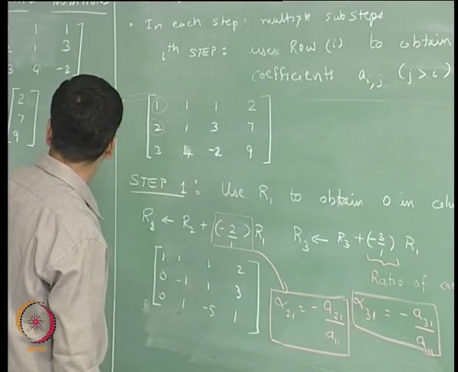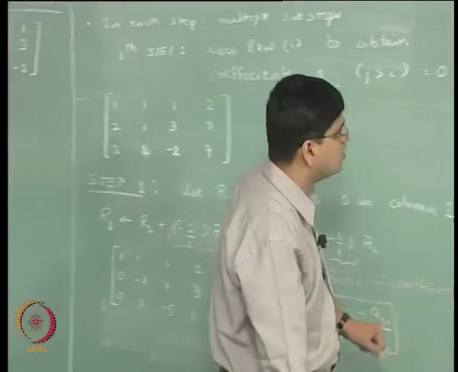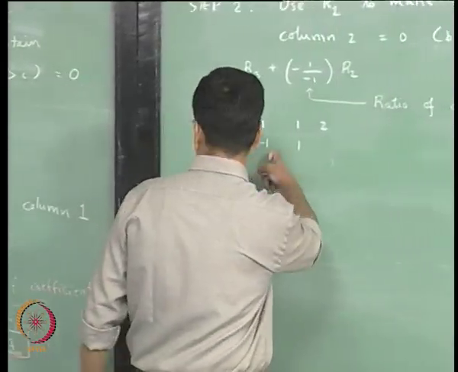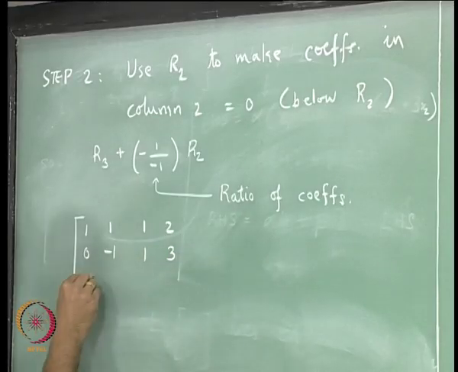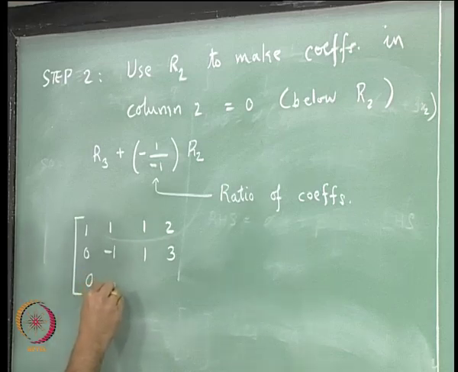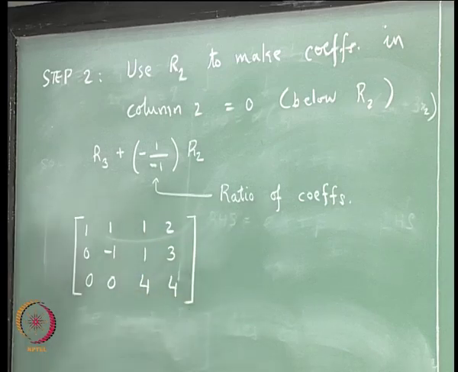Okay. So this is what we ought to be getting. So we will get 0 minus 1 1 3 and 0 0 4 4. Okay. So this is what we will get.